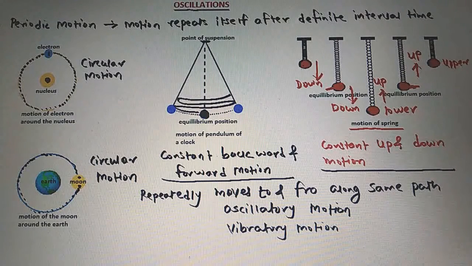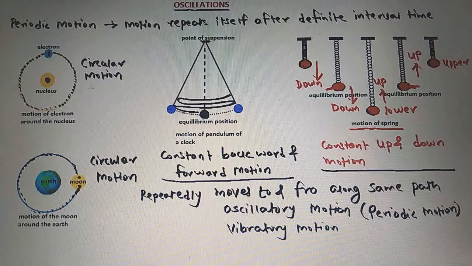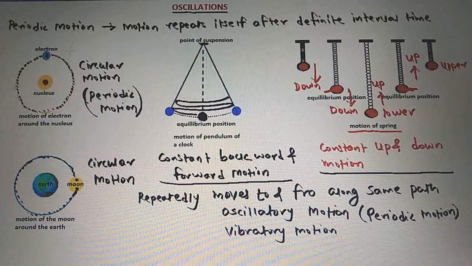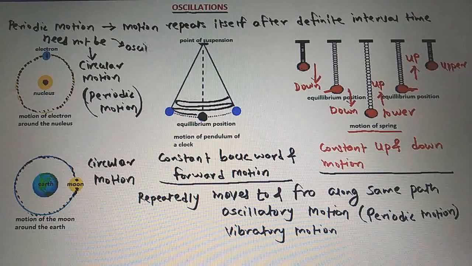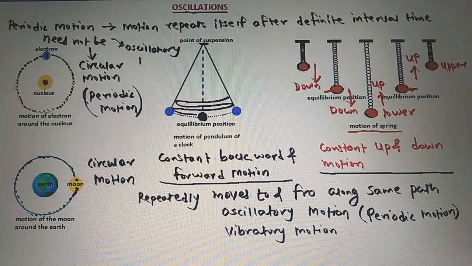So we can write here that every oscillatory or vibratory motion is a periodic motion, and every circular motion is also a periodic motion.